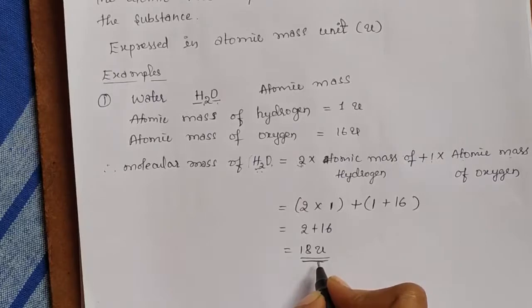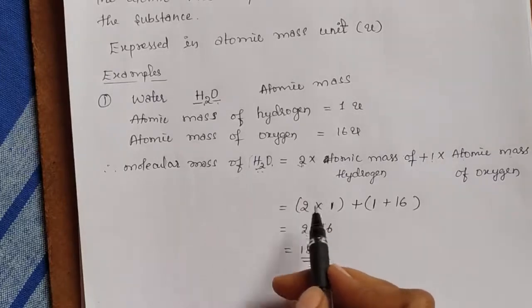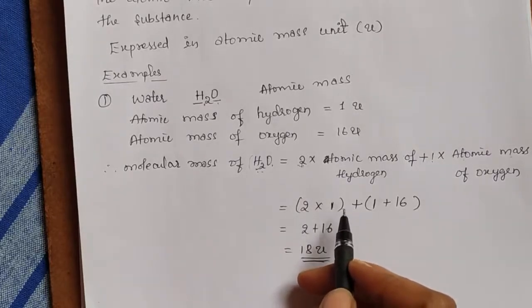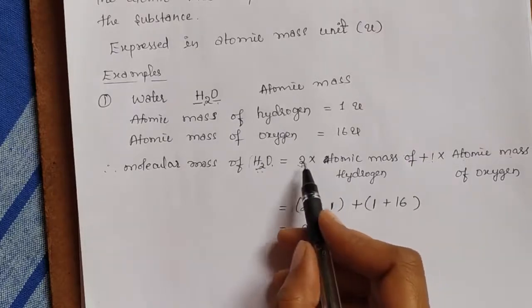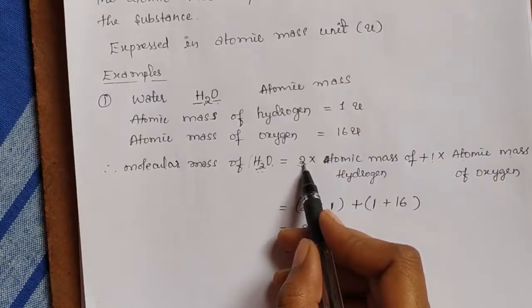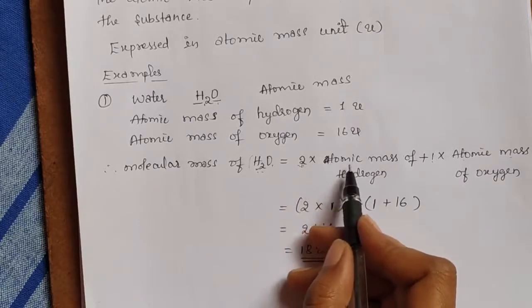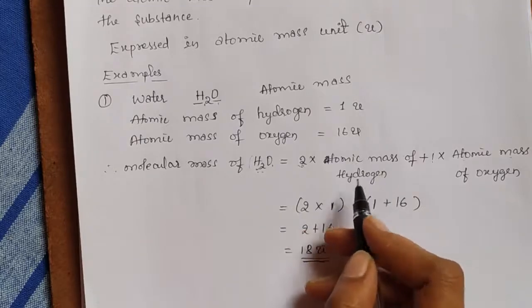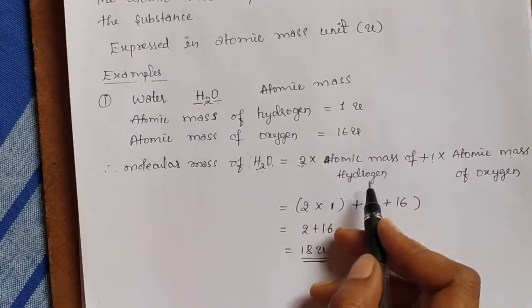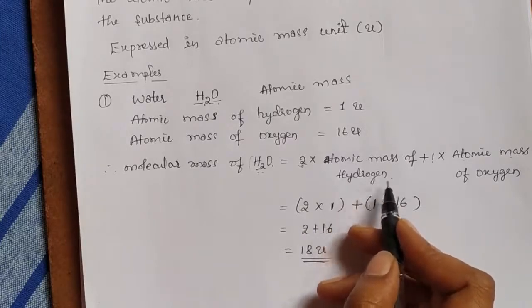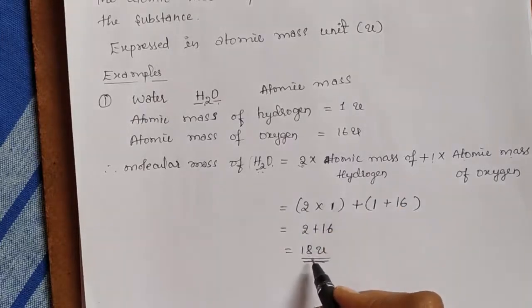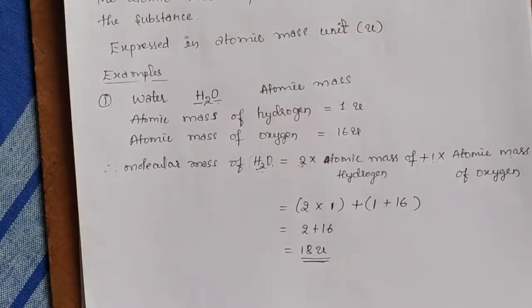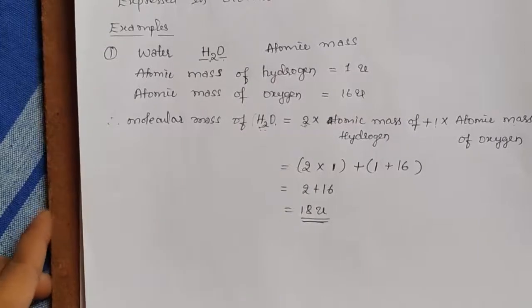Like this, we have to calculate the molecular mass of a particular compound. First we have to multiply the number of atoms of a particular element in a compound with the respective atomic masses of the element. After that, we have to add all the values so that we'll get the molecular mass of that particular compound. We will see one more example.